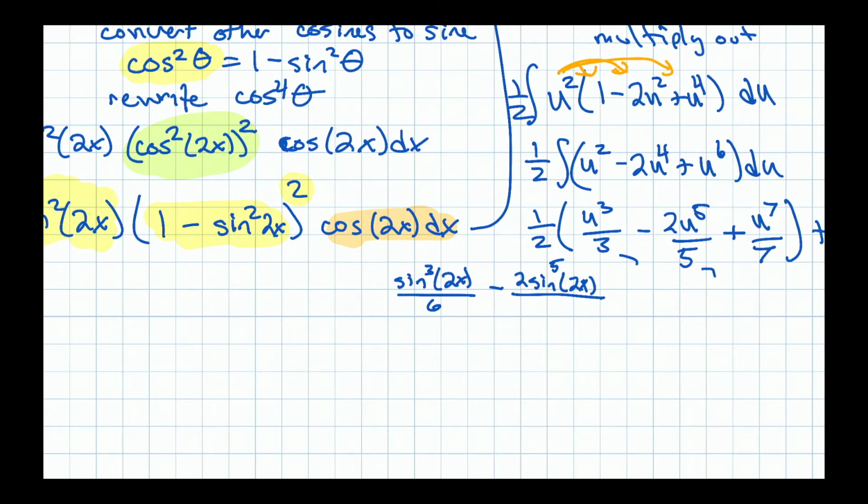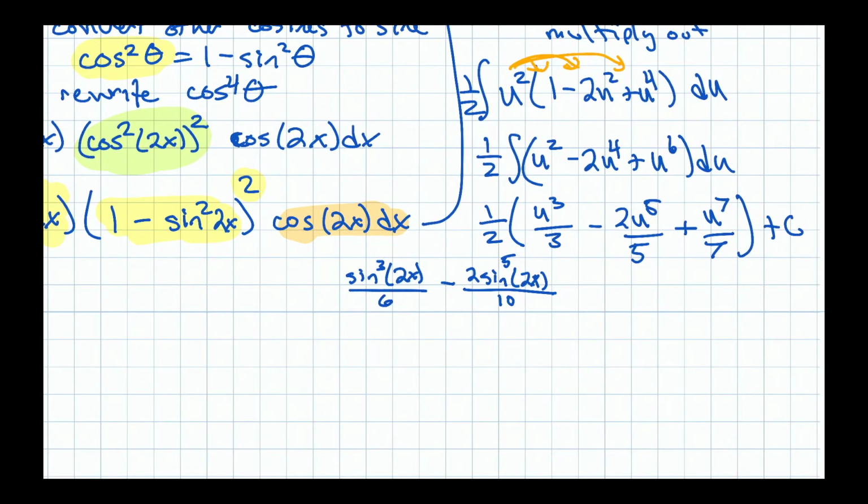The denominator is going to be 2 times 5, so that's 10. And then the last one is u to the 7th, which is sine to the 7th 2x over 2 times 7, which is 14, and then plus c.